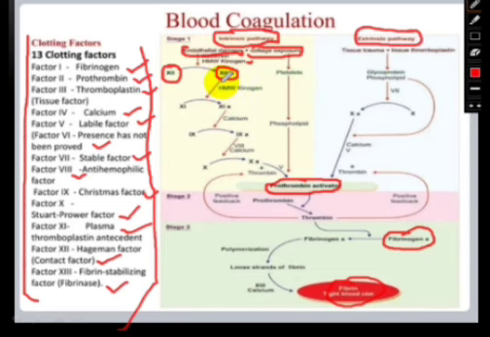Now, the next thing that happens is that the active factor 12 will now convert inactive factor 11 to active factor 11. Active factor 12 converts inactive factor 11 to active factor 11, mediated by the same kinogen.